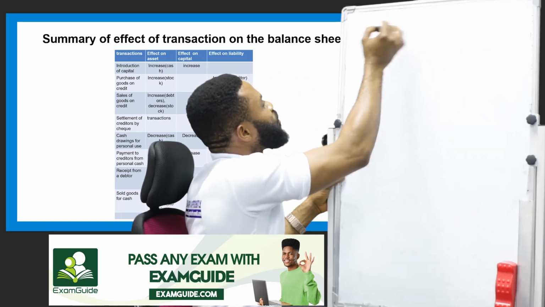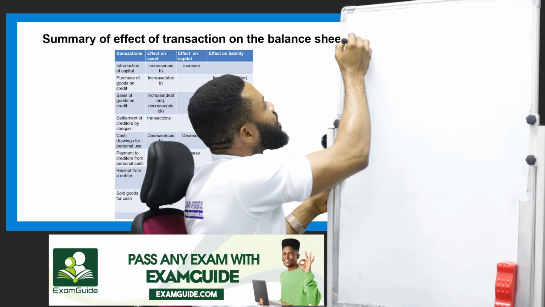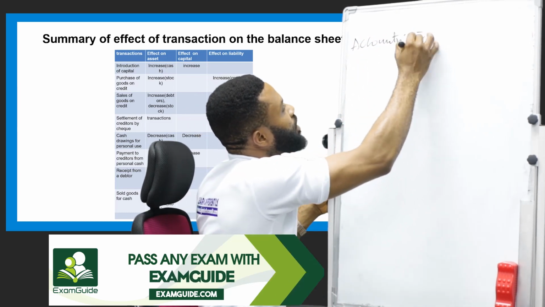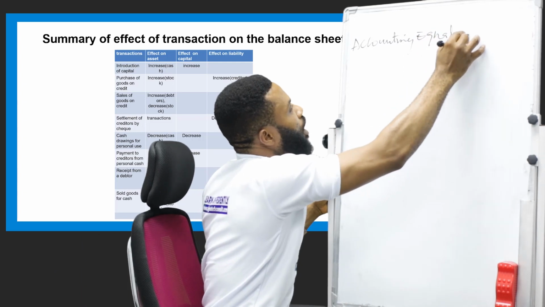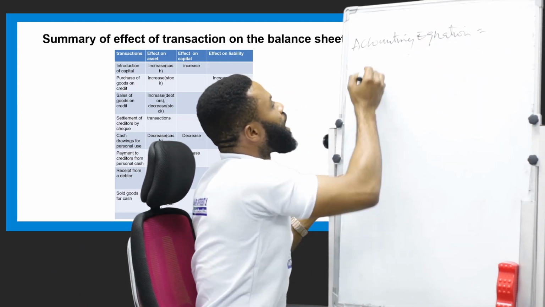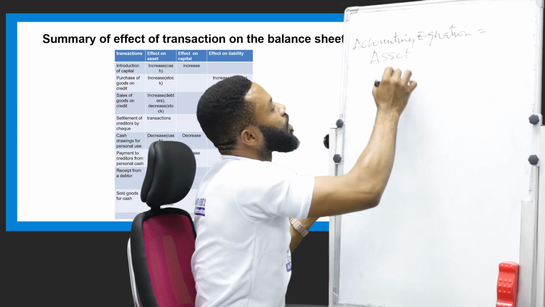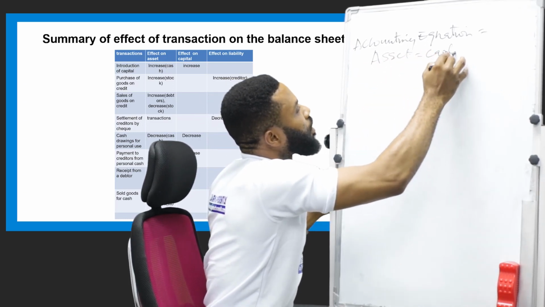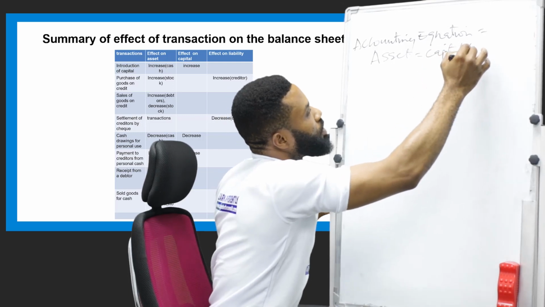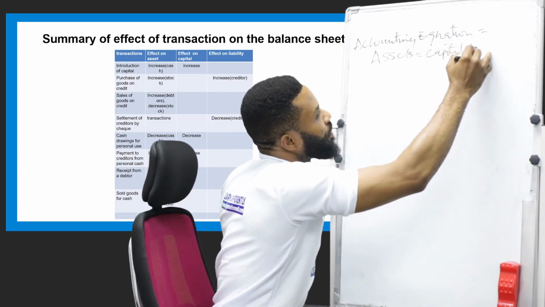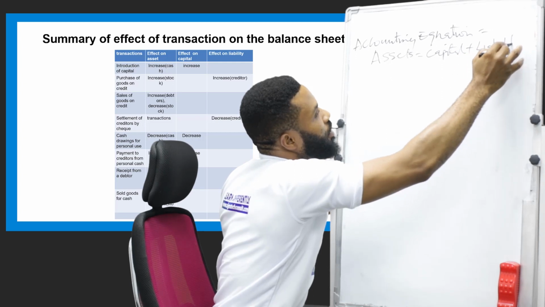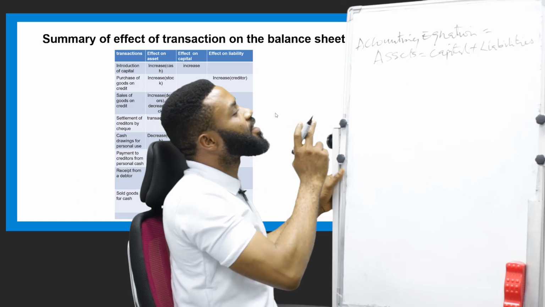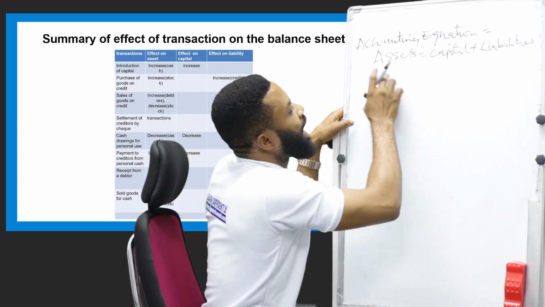We said our accounting equation: asset is equal to capital plus liabilities. So every transaction must affect either of these.